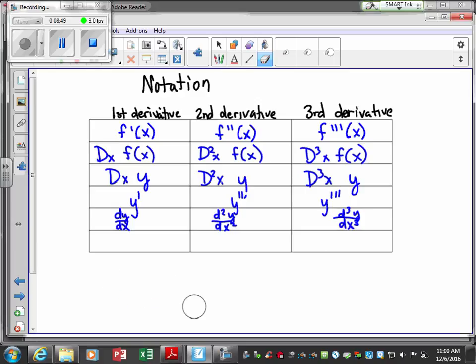So at any given time, the notation presented to you may be any of these above. So they're all interchangeable and they all tell you to calculate the derivative. If we consider higher order derivatives, this would just be all the different notations you might see in asking for your second derivative, and in the third column for your third derivative.